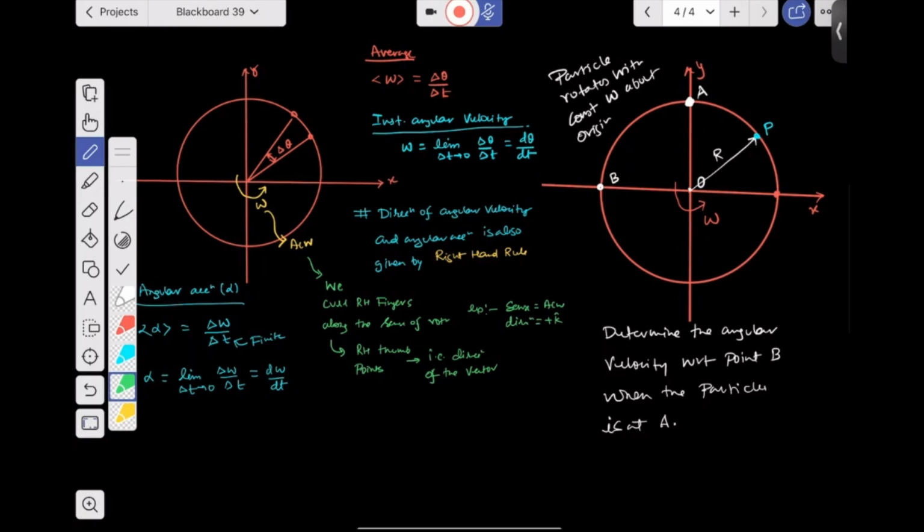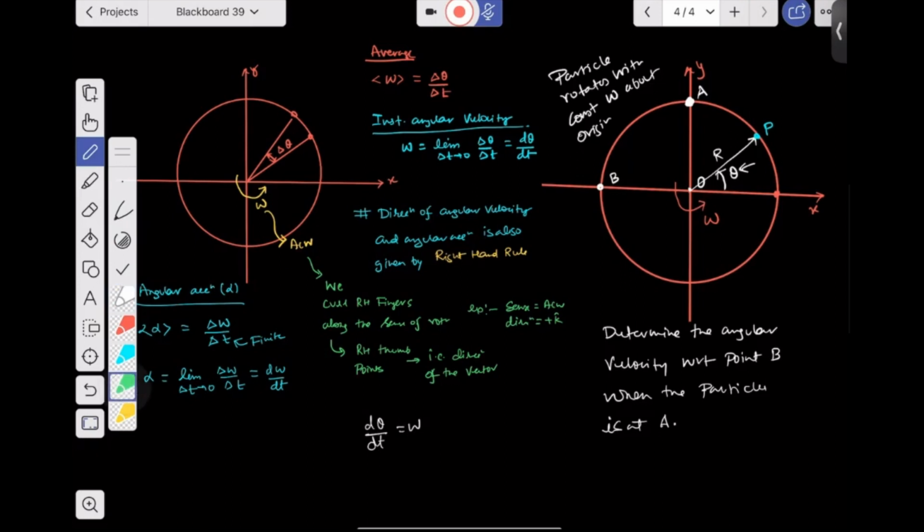So d theta by dt, which is omega, is the rate of change of the angle the position vector drawn from the origin makes with the reference line. That is our omega given.